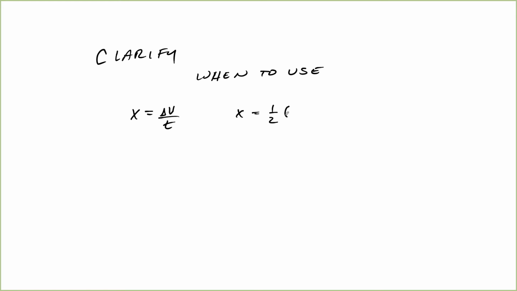I want to do a clarification. So we're going to clarify when to use x is equal to change of velocity over time, or x is equal to 1/2 (vf plus vi) times time.